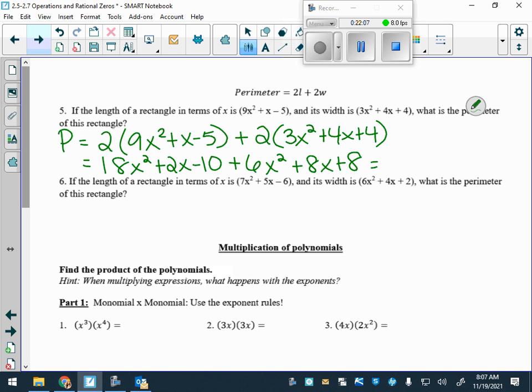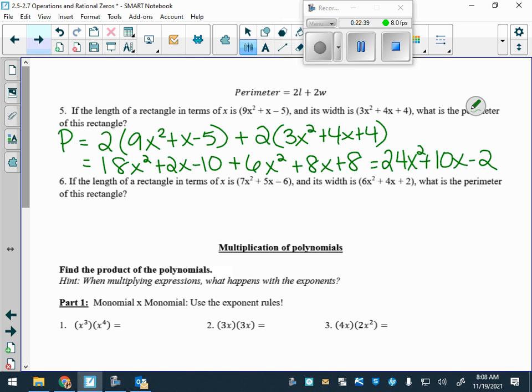What do I have? Luce? Be careful. Yep, minus 2. Good. 24x squared, and then plus 10x minus 2.